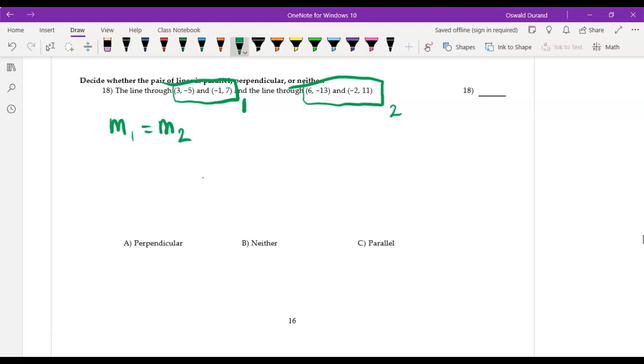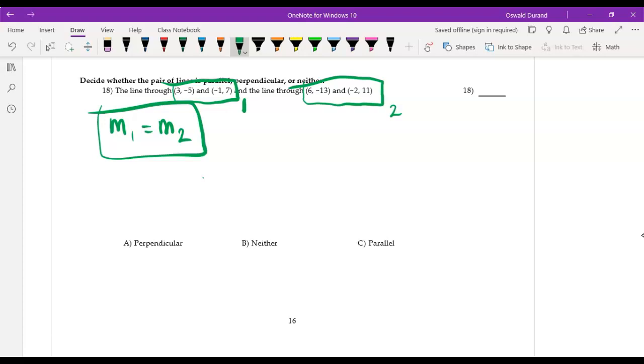Oh my God, I took like a full minute to say that those 2 slopes are equal to each other. Okay, it happens. So that's a relationship that you should have. If I'm looking at the slopes of those 2 lines, they must be equal to each other.